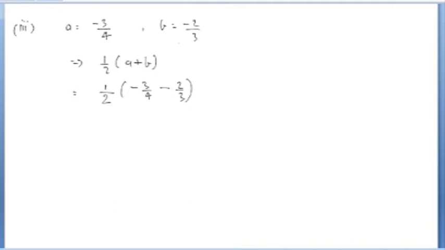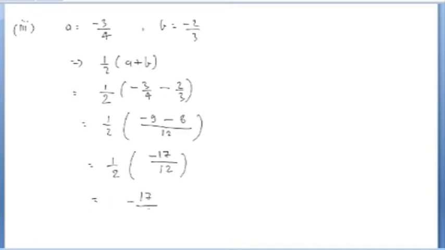This will become minus, because this is minus. LCM will be 12, so 1 by 2 times minus 17 upon 12, which is minus 17 upon 24. This will be our answer.